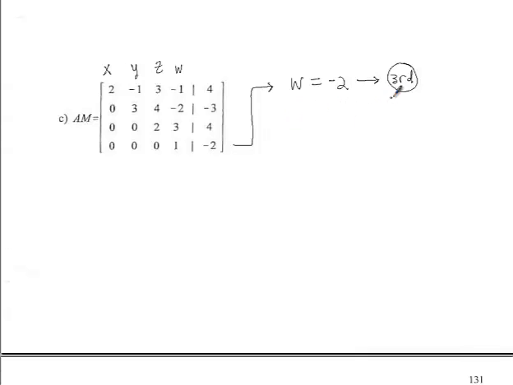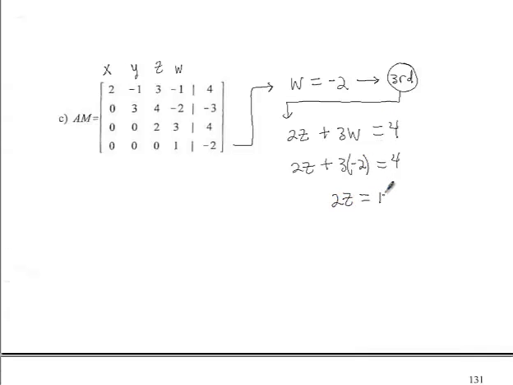The 3rd row translates to 2Z plus 3W equals 4. Plugging in our value of W, -2, and isolating the Z will give us Z equals 5.